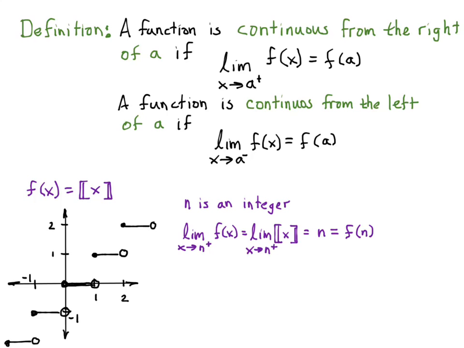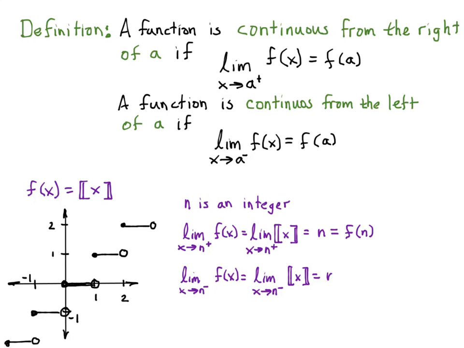So it's coming from the right going to the left. The function evaluated at n, which is 1, is what the limit of the function is as it goes to n.